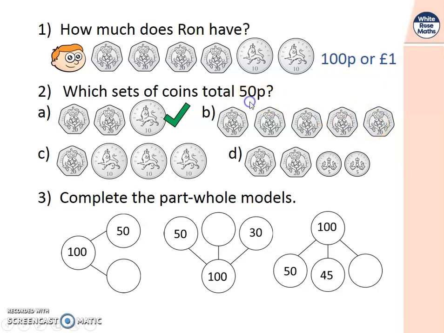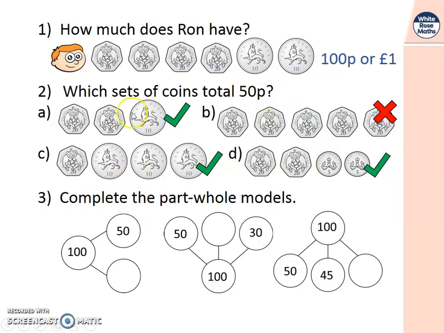That's not 50 pence. C, 20 and 3 10 pence pieces. So 20, add 10, 30, add 10, 40, add 10, 50 pence. That's correct. It does total 50 pence. And on D, 20 add 20 is 40, add 5 is 45, add 5 more. Yes, it's 50 pence. The total is 50 pence.